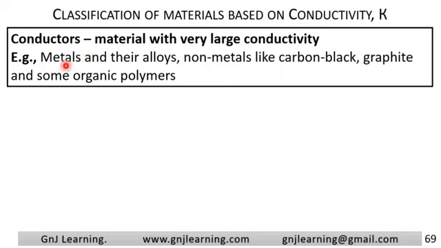So almost all metals and their alloys like steel, etc. And non-metals like carbon black and graphite. Not too many non-metals will conduct electricity, but a few like carbon black and graphite can conduct electricity. And similarly, some non-metals like organic polymers can conduct electricity.